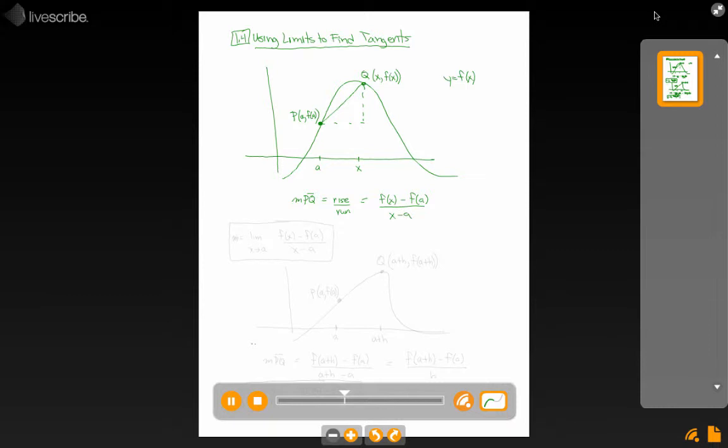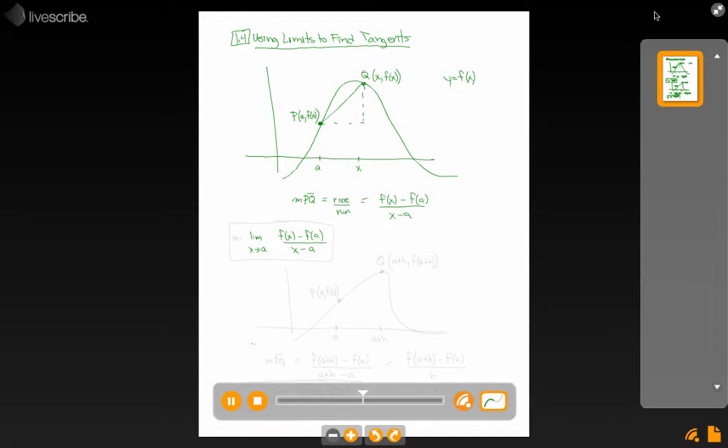And if we then move Q so that it's infinitely close to P, we can write it this way: the limit as x approaches a of f of x minus f of a over x minus a. That is now the slope of our tangent line. And I believe your book calls it equation 1.